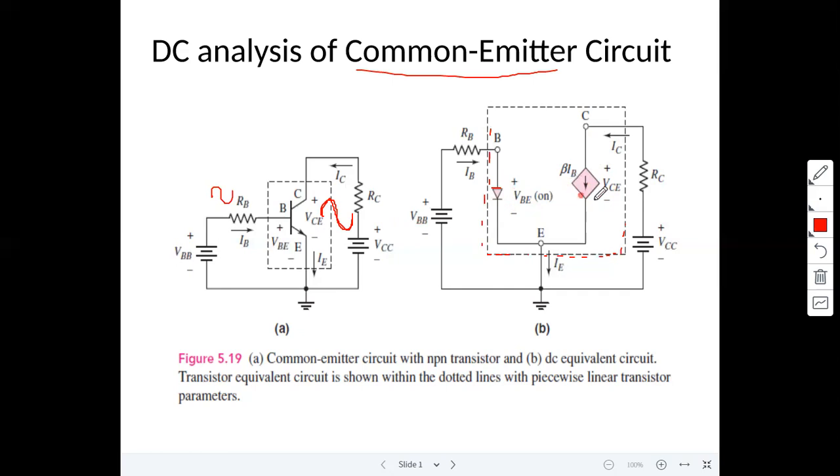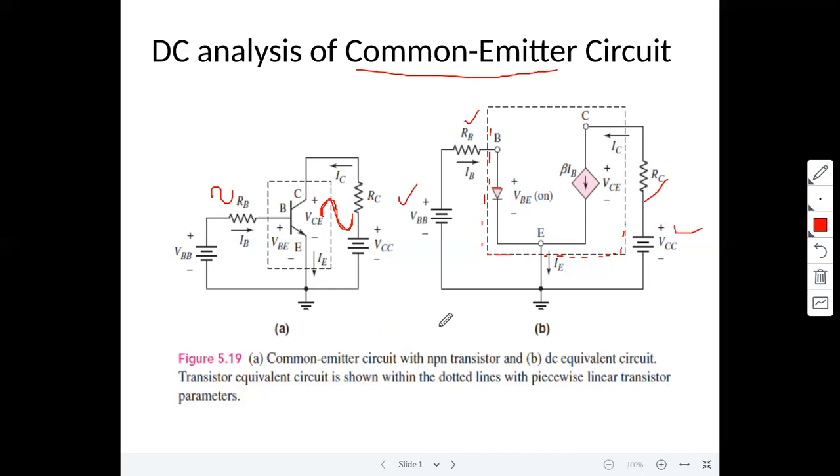And there are two external resistors, RC and RB, and two external DC supplies, namely VBB and VCC. These two external DC sources are used to keep the transistor such that the base to emitter junction is forward biased and the collector to base junction is reverse biased, right?